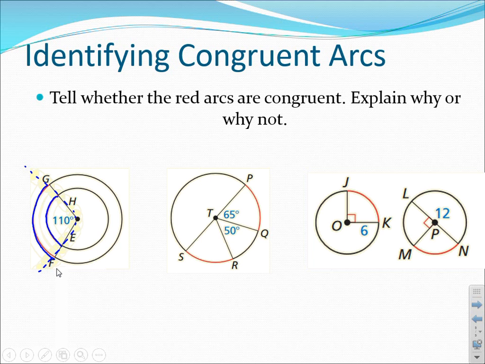This radius in red is going to be smaller than the radius of this circle in green. So you don't actually have congruent circles, and I can't say that those arcs are the same. They have the same measure, but they are arcs of circles that are not congruent. So we cannot say that the arcs are technically congruent.